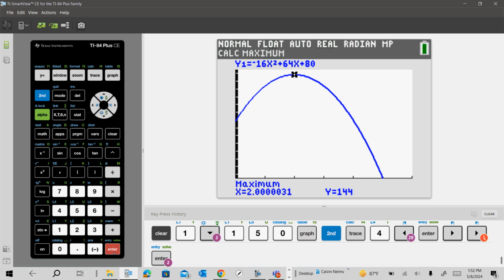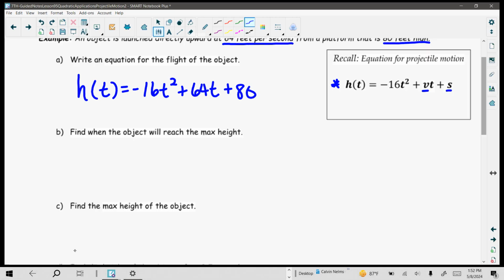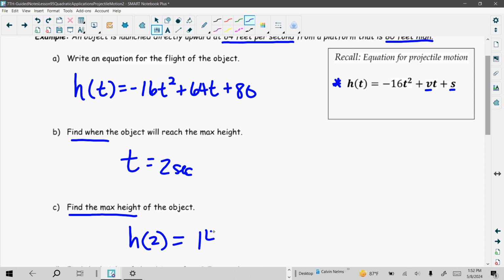And I see it takes 2 seconds to get the maximum height of 144. So now I can put that into this worksheet here. Find when, so when is the time, so that was 2 seconds. Find the max height, that height, h of 2, that height is 144 feet.